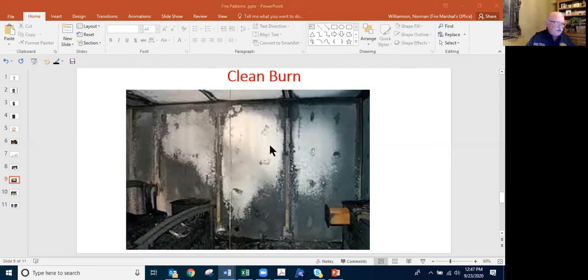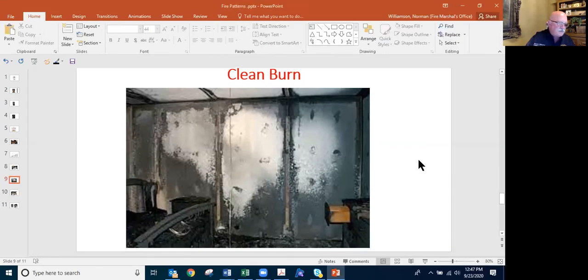Is that necessarily from direct flame impingement? Is that primarily from direct flame impingement, or is it from thermal layering?